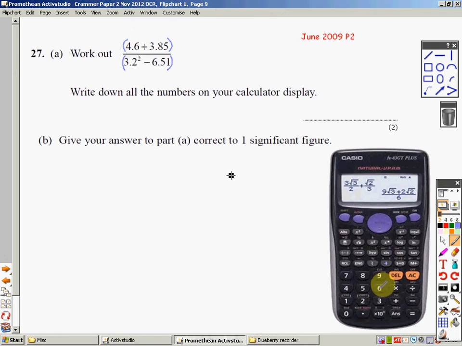I'm now going to type in on my calculator bracket 4.6 plus 3.85, and then it says close the bracket, so I press close bracket, divide, then a new bracket, 3.2 x squared minus 6.51, close the bracket, and then press equals.